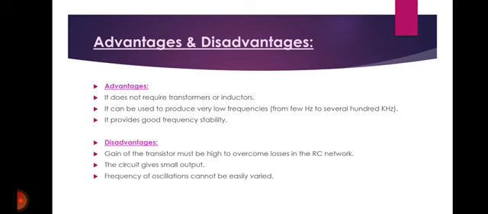Then the disadvantages are: the gain of the transistor must be high to overcome losses in the RC network. The circuit gives small output. The frequency of oscillations cannot be easily varied. So these are the advantages and disadvantages of this phase shift oscillator.